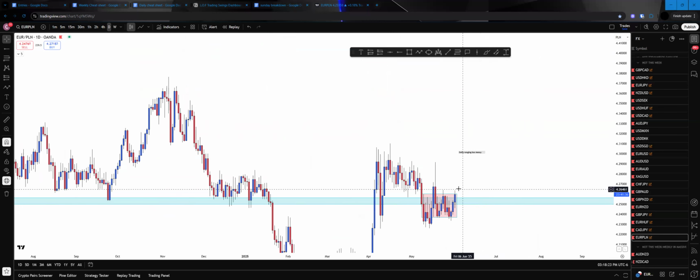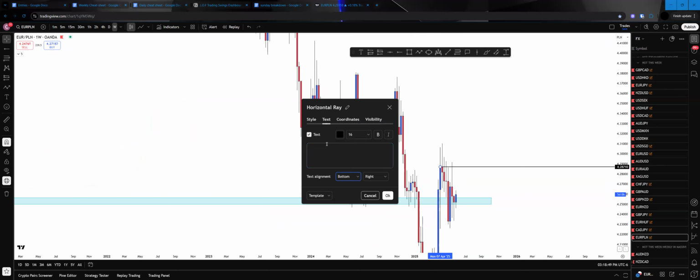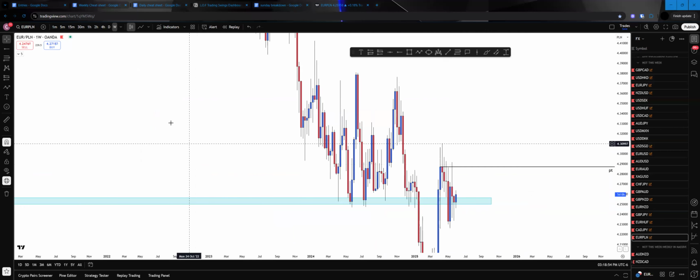So if we break out of here, we could wait for a daily pullback and then go. But if it's like this, then it's probably going to be like this for a while. So I'm going to say, well, if it breaks out, where's our take profit? Pro trend, take profits all the way up there.